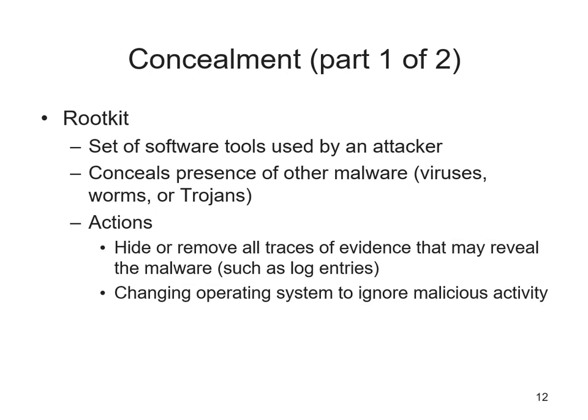Now, in order to discuss the concealment or the concealers, they are actually the rootkits. It's a set of software tools that are used by an attacker to conceal information like viruses, worms, or anything from anti-malware or antivirus software. They'll hide or remove all traces of evidence that may reveal to malware software that these are not the original files.